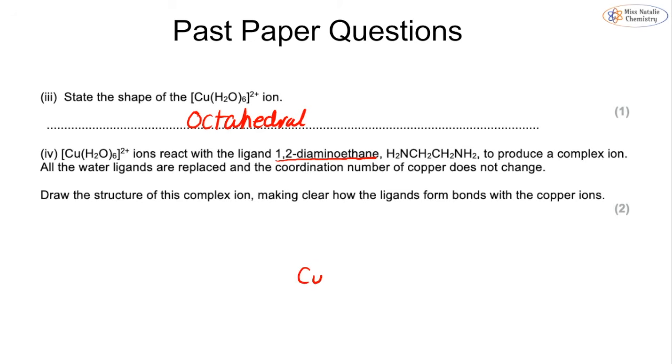So you have the copper in the center, and you know you're going to have 2 bonds in the plane, 2 wedged bonds, and 2 hashed bonds, like that. And each of those is going to join in with the NH2, because that's where the dative bond is being formed.